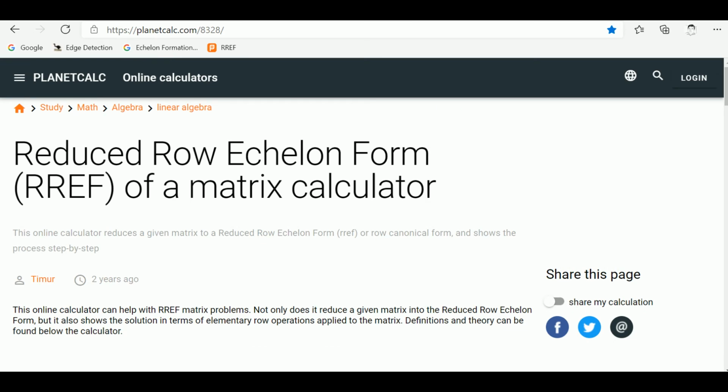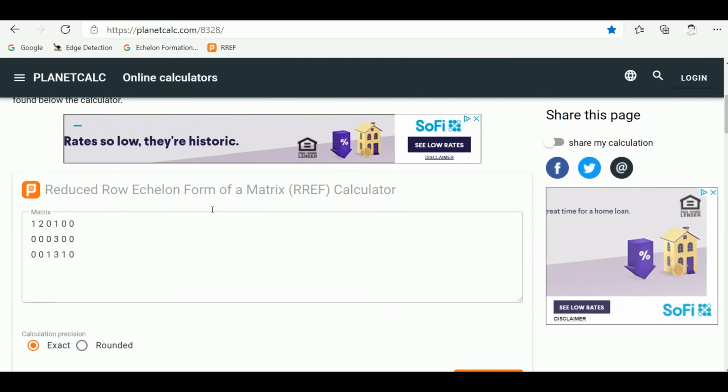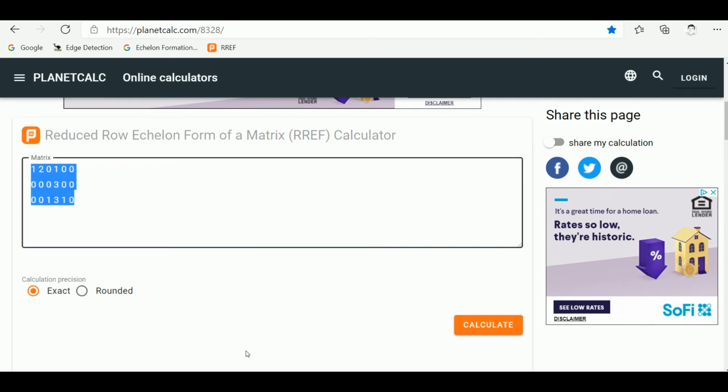In that case we just enter the matrix, skip a space, and we want to have the exact answer.